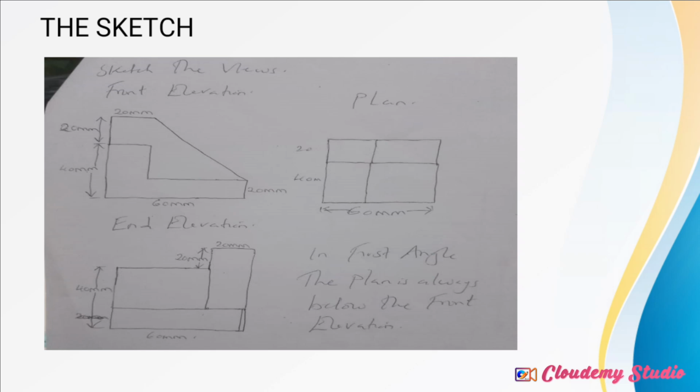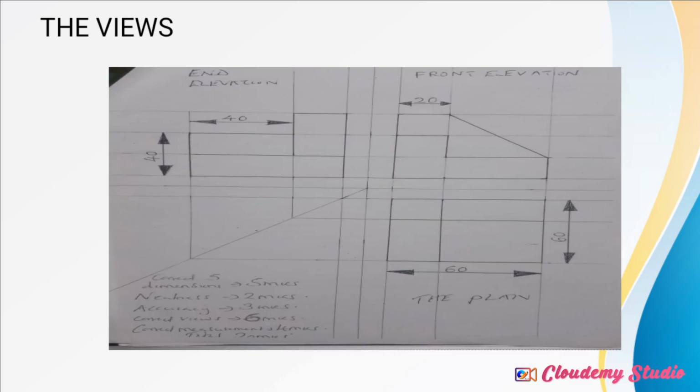So if you look at my drawing, this is how I drew. So the front elevation is there, the plan at the end, and I used the 45 degrees angle to make the projections, to project or to stretch, such that I cannot just do one diagram at a time.